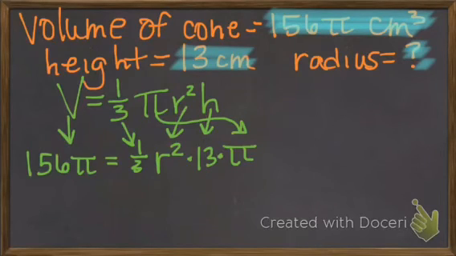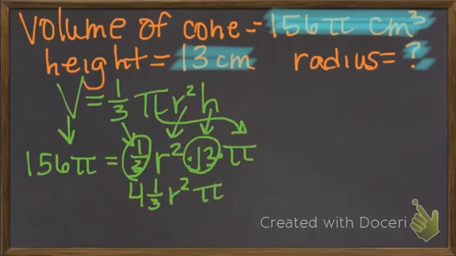Okay, now I'm going to multiply out what I know. I know, let's see, 1/3 times 13. That's just 13 divided by 3. And that gives me 4 1/3 R squared pi.